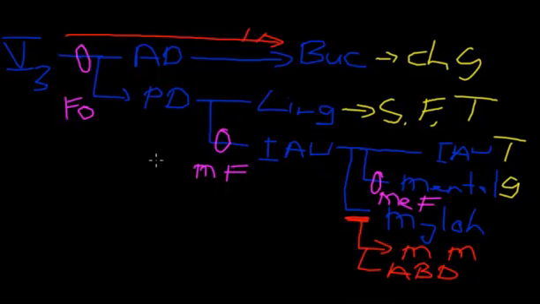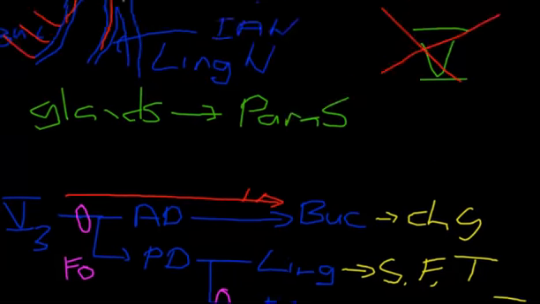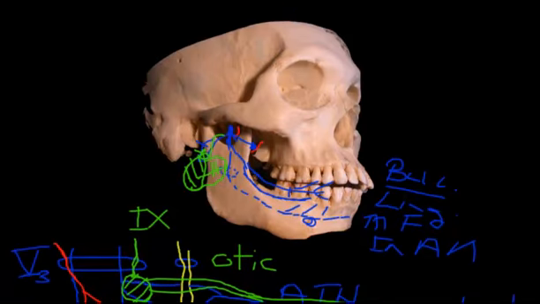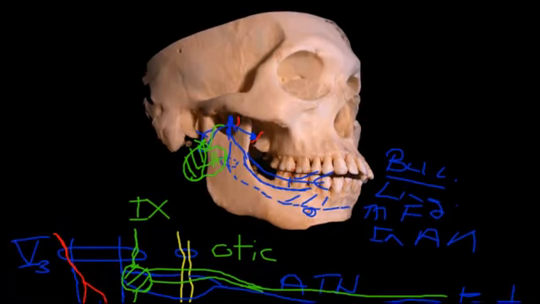And we can have a look at our photographs of a skull and just remind ourselves of where those foramina are. So these are the key supply features of the mandibular division of the trigeminal nerve. If we go back to our picture of a skull here, we can see the mental foramen is quite clear just here.